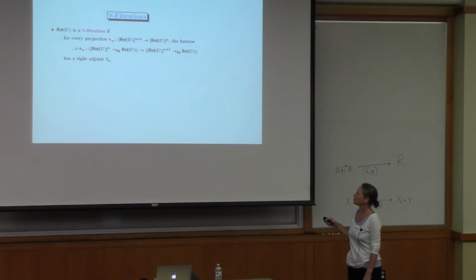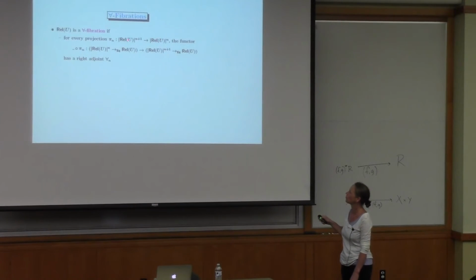So pi n is going to go from rel u to the n plus 1 to rel u to the n. So projection sort of says if I've got an extra variable, I can project on that variable.